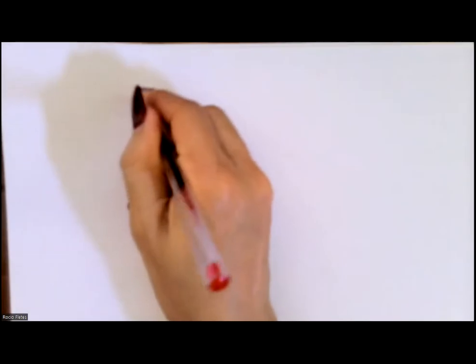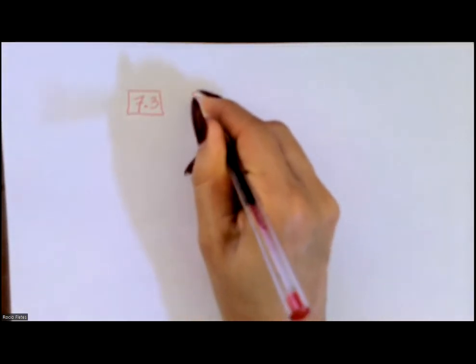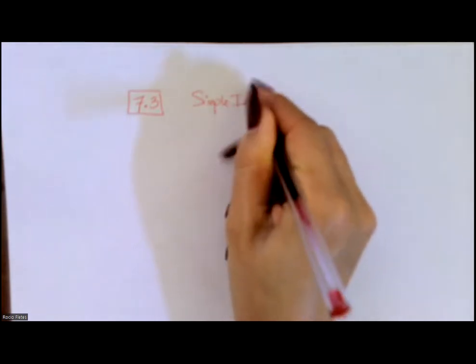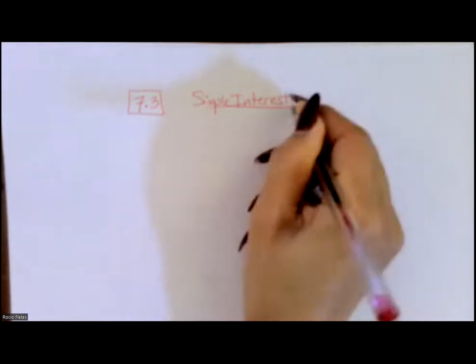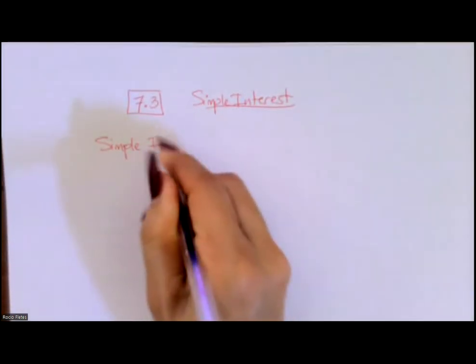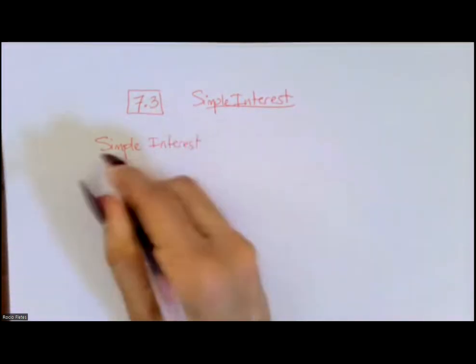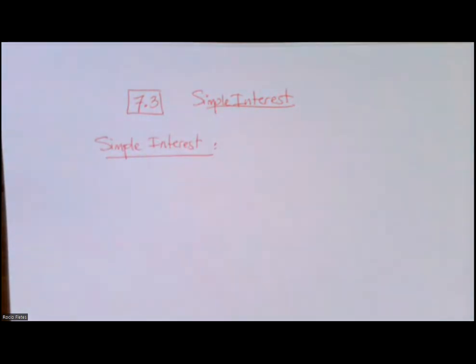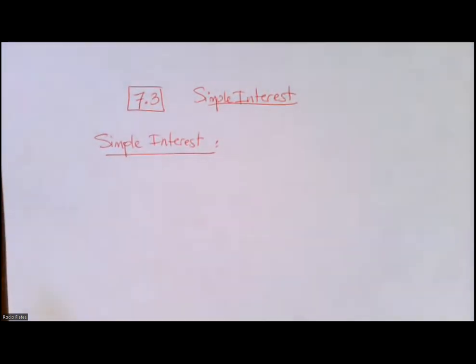And for 7.3, we have some formulas on simple interest. And what is simple interest? I need to define this first. Simple interest is interest paid on the principal only. So it's not interest paid on the interest that we have already earned. That's called compound interest.